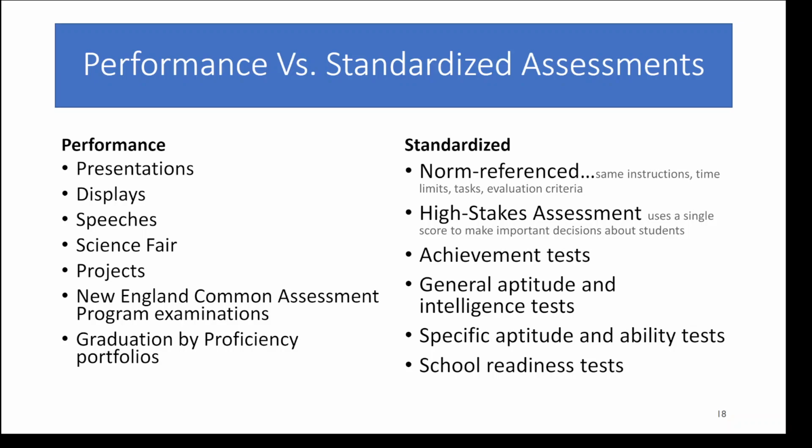Like schools that heavily weight SAT scores. Your SAT score determines whether you get into their school or not. Which I think is bogus, but yeah, who cares what I think. And then, you have achievement tests, general aptitude and intelligence tests, specific aptitude and ability tests, school readiness tests. All of these things kind of hang out under the category of standardized tests.